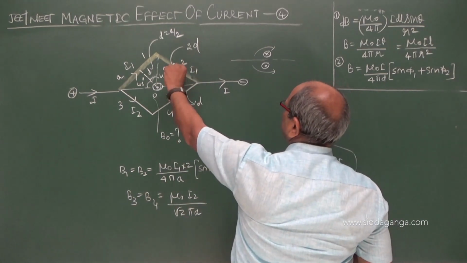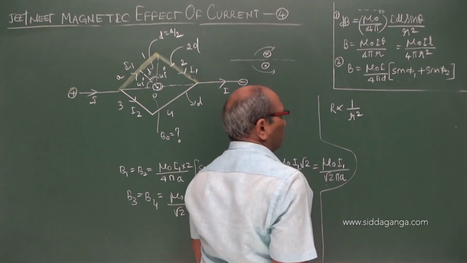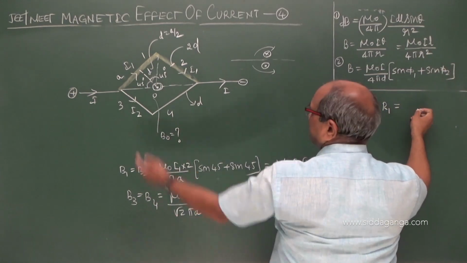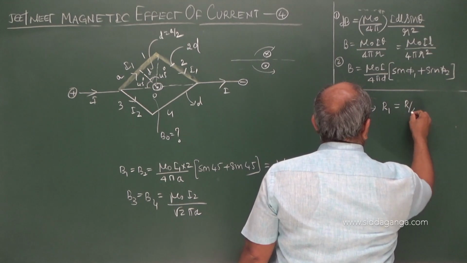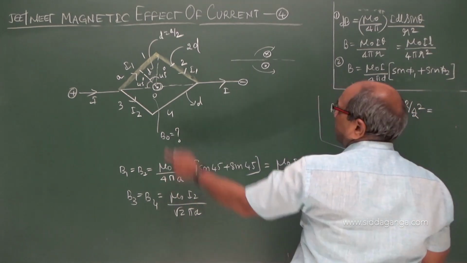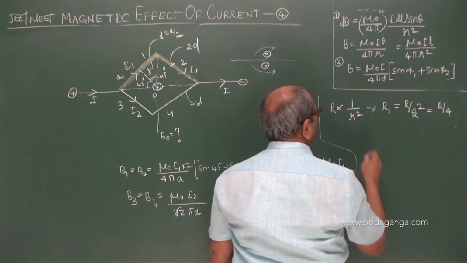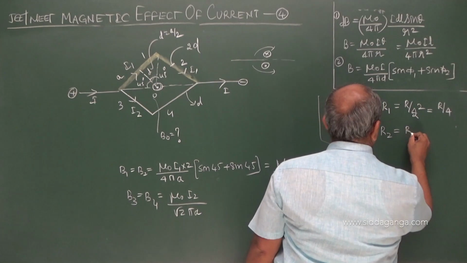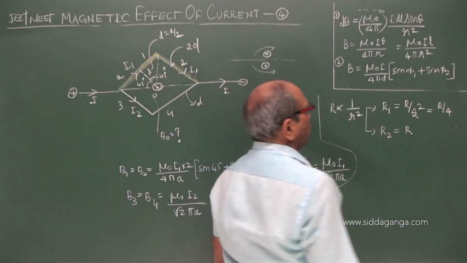Resistance can be compared with radius, which suggests R1 is equal to R by 4, because the thickness is doubled, therefore resistance decreases by 4 times. Similarly, R2 can be written as R only.